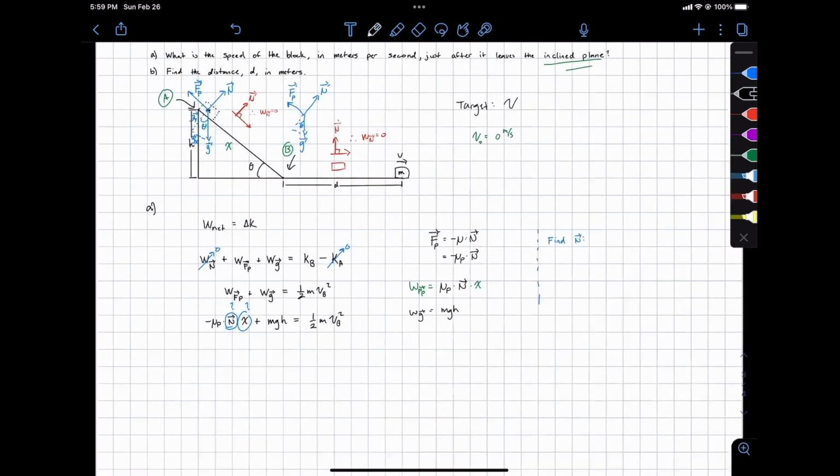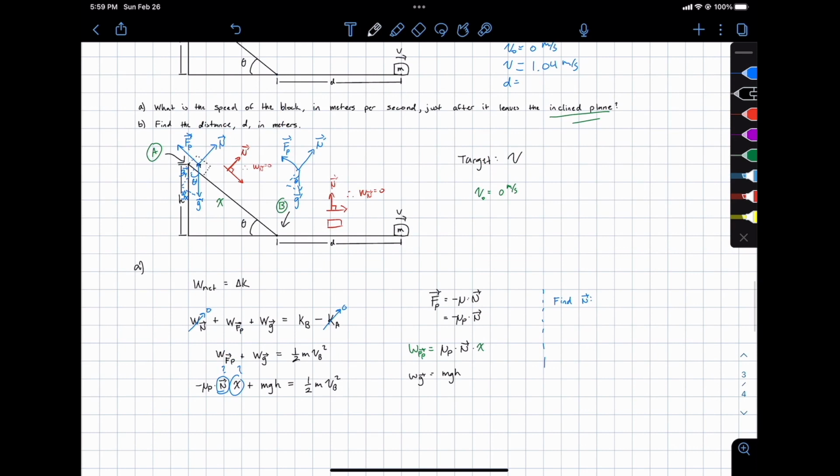Well, the normal force is pointed in the y direction. And what do we know about the y direction? In the y direction, acceleration is 0, right? The block is not flying up or down.